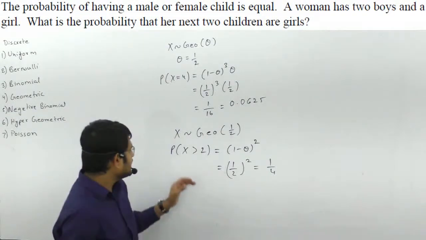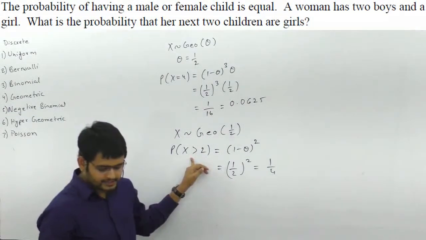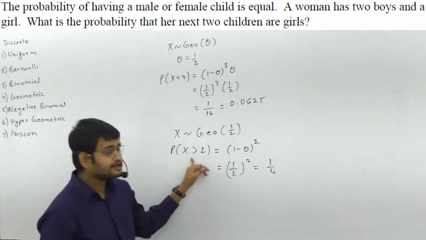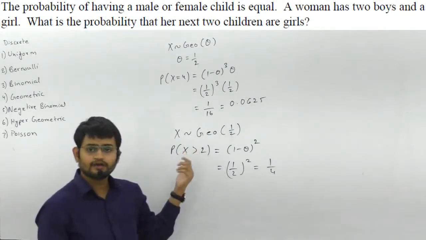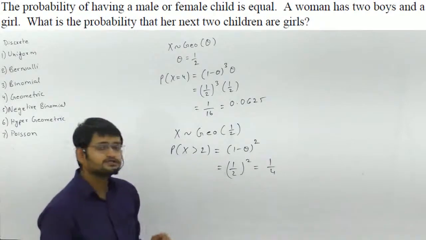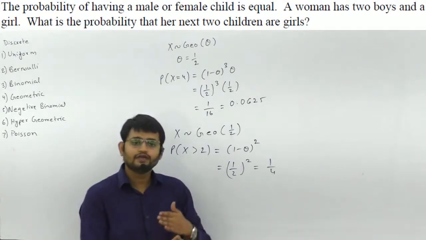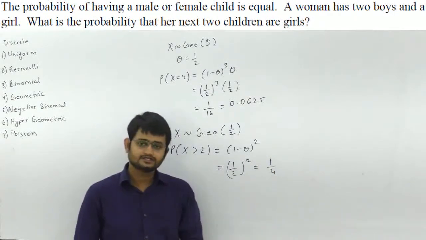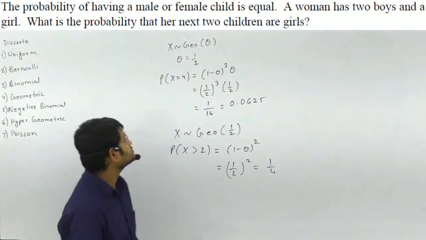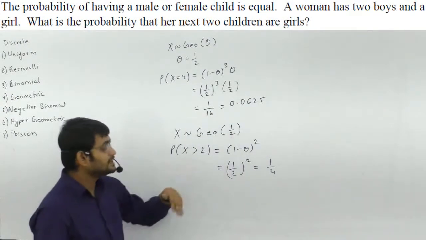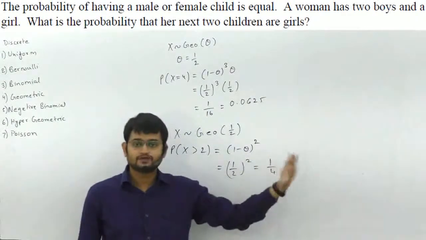Now clearly you might say that the woman already has 2 boys and a girl, so there have already been 2 successes. This is the 3rd success, but we are ignoring those, and after that we can calculate what our next success is. Because the geometric distribution has the memoryless property, we can have multiple geometric distributions one after the other.